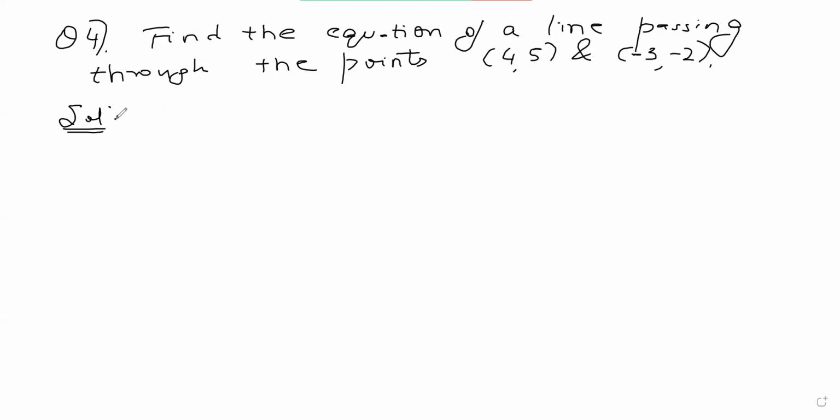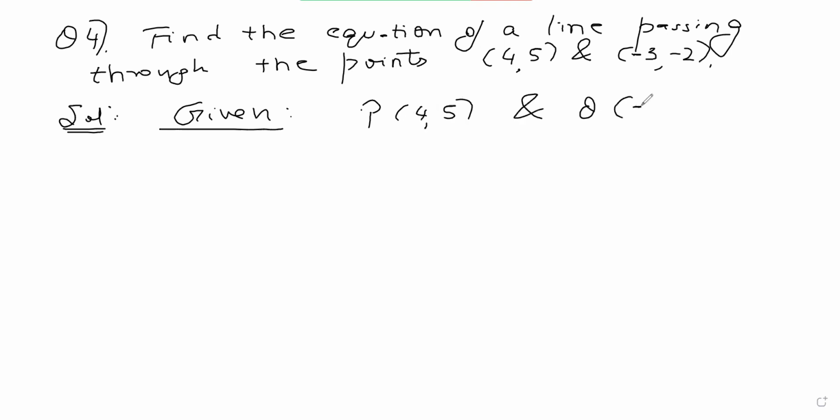joining 2 points. So let me write it here. We are given the points. So I can write here that the points given to us are, let's say, P 4, 5 and Q -3, -2. Suppose this is x1, y1, x2, y2.